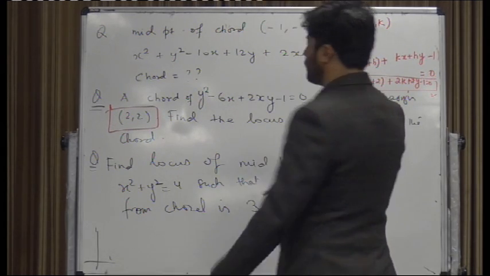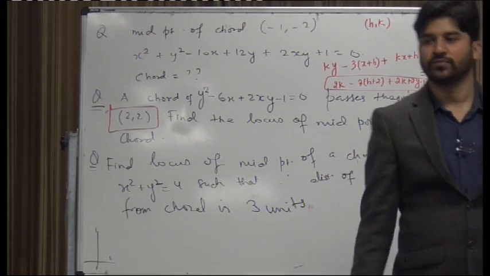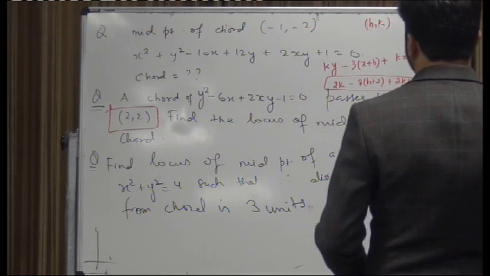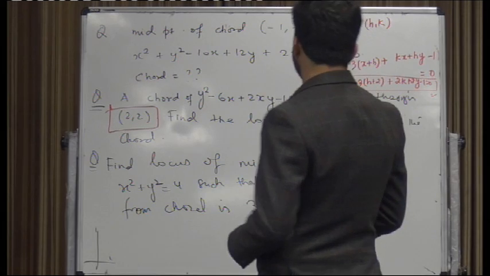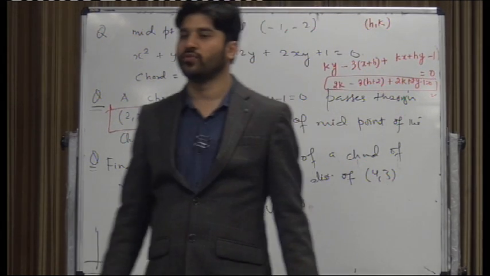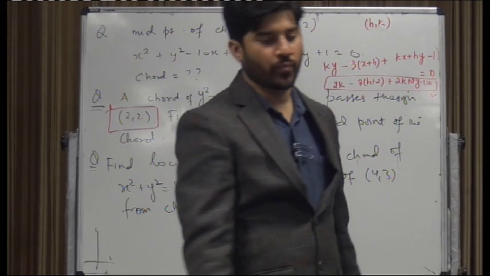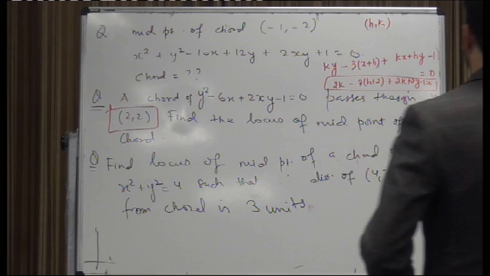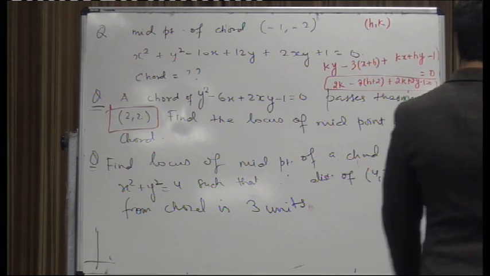Similarly, how to go for the third one? Find the locus of the midpoint of a chord of x square plus y square is equal to 4 such that the distance of 4 comma 3 from the chord is 3 units. So how to go for it? What should we take as the moving point?